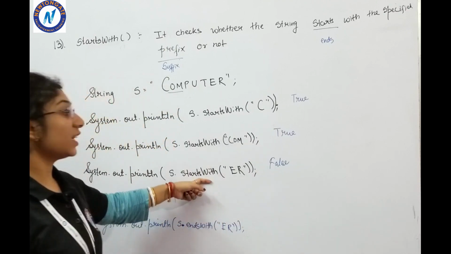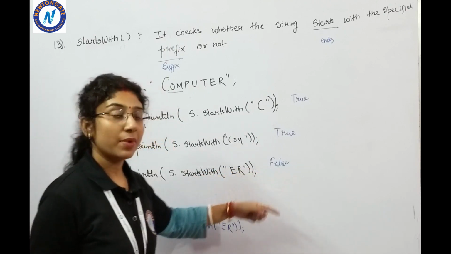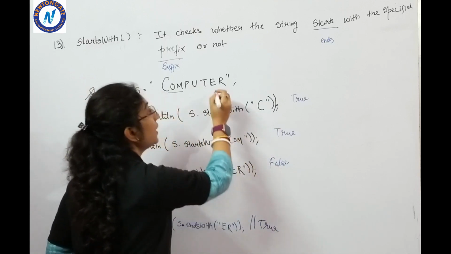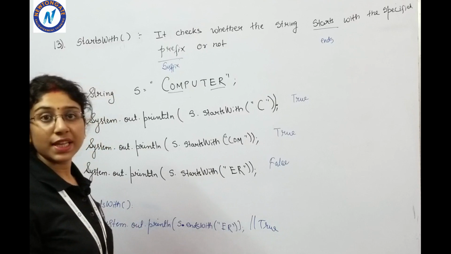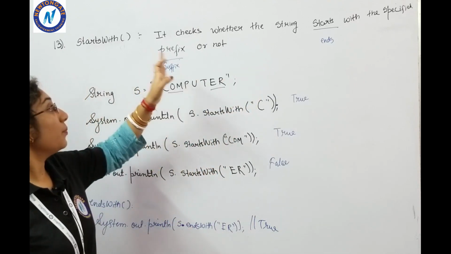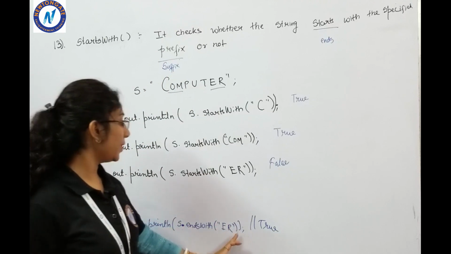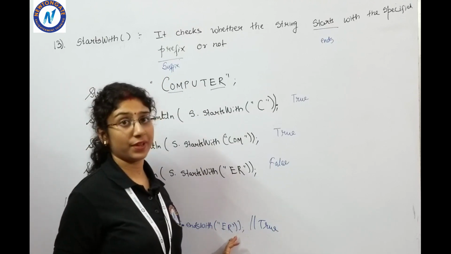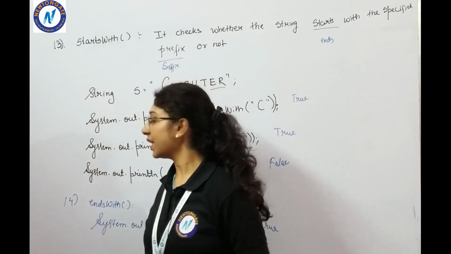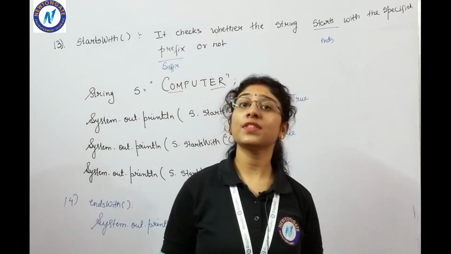In case of startsWith, it gave false, but here it will return true because the string ends with er. So it will check the end of the string and compare with the suffix. This one will be treated as a suffix, not a prefix. Okay, so this is the difference between your startsWith function and endsWith function. Hope this one is clear to you.